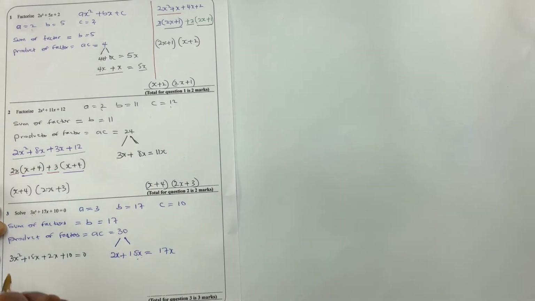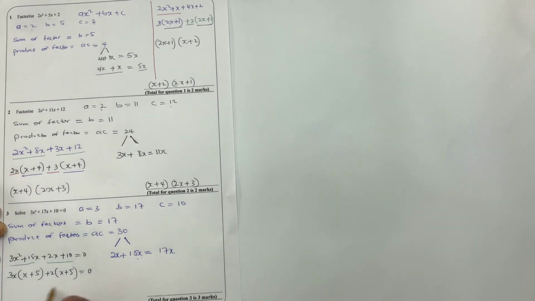What are the common factors here and there? As you can see, 3x is a common factor. So I take 3x out, and I get x plus 5. Likewise here, I will take 2 out, and I get x plus 5, and that equals 0.